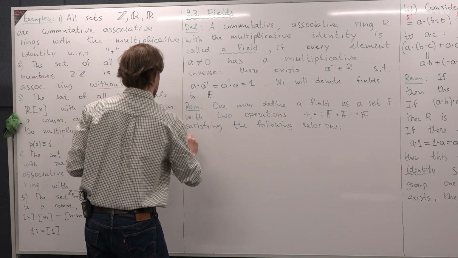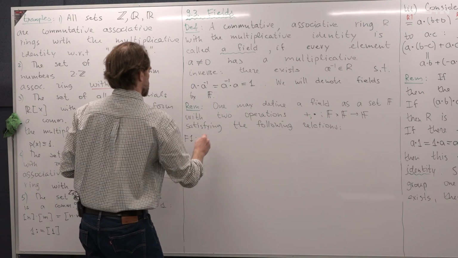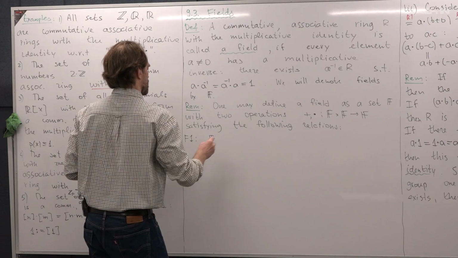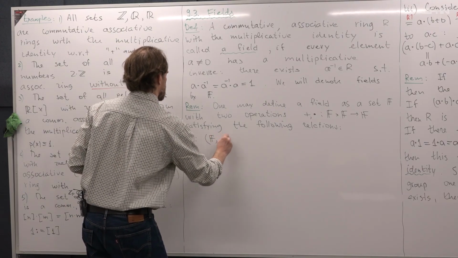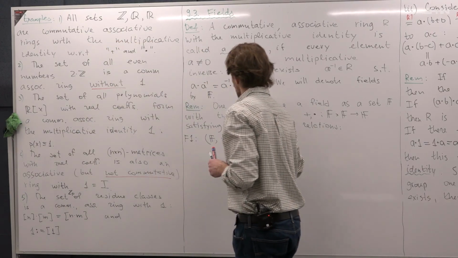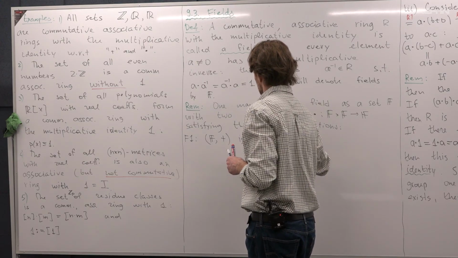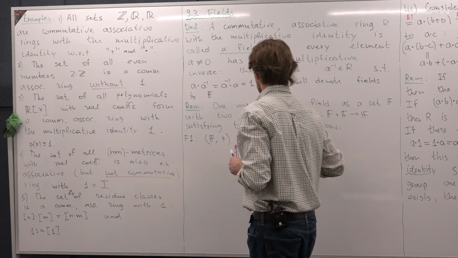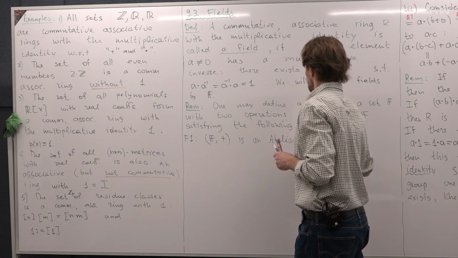F1: F is an abelian group with respect to the first operation.